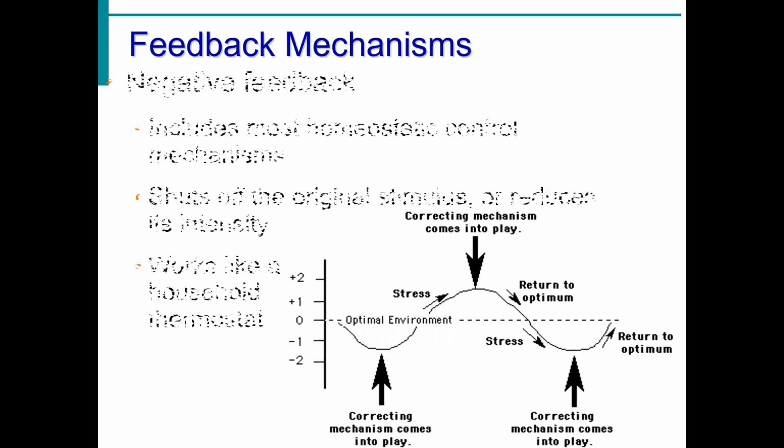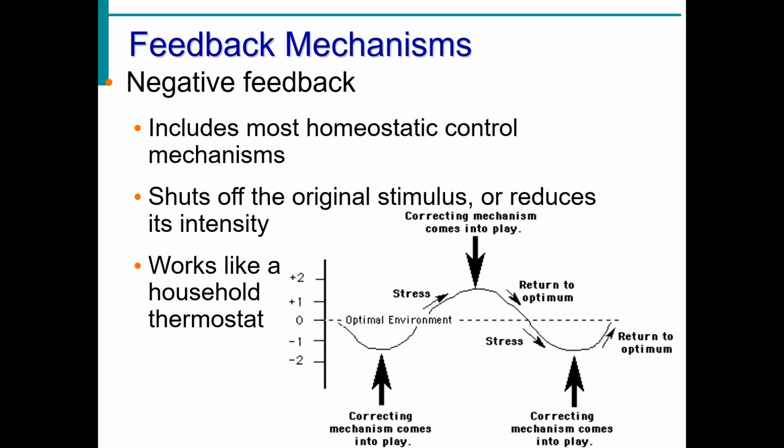All right. Negative feedback includes most homeostatic control mechanisms. It's going to shut off the original stimulus or reduce its intensity, right? And it's going to work sort of like a household thermostat that comes on. You have a sort of optimal temperature that we want to keep the house at. And when this doesn't happen, signals are sent when the temperature changes in order to correct, okay, the deviation from what we consider the norm.